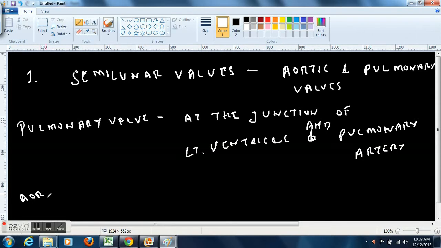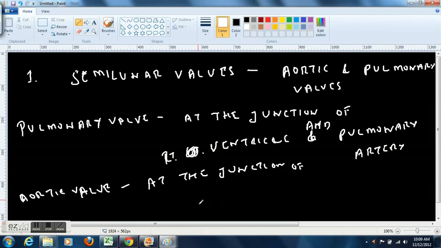Then what is the aortic valve? The aortic valve is situated at the junction of the left ventricle and aorta.